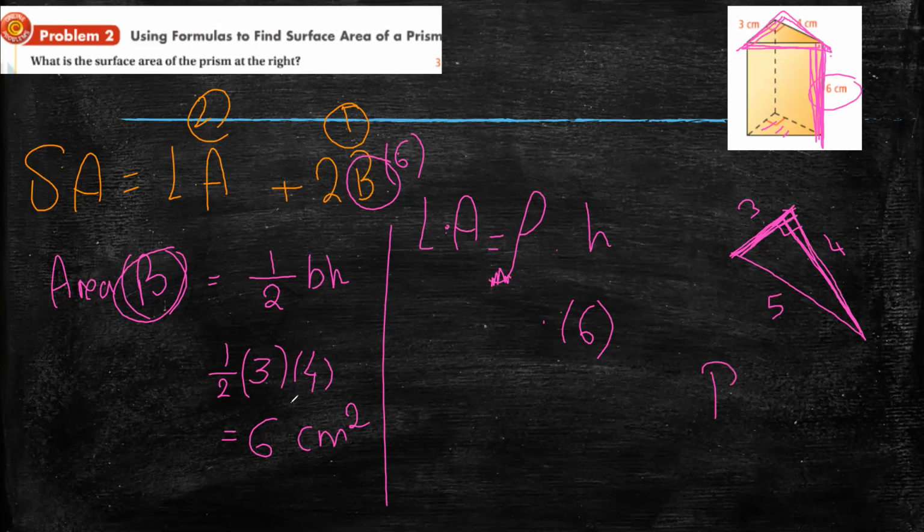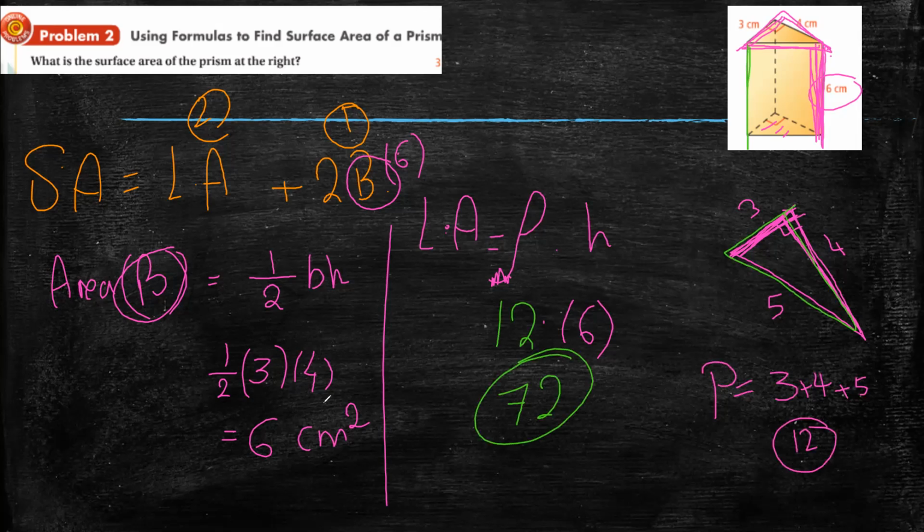After that, the perimeter of this triangle will be 3 plus 4 plus 5. 7 plus 5 is 12. This is the perimeter of this triangle, which is 12. So I found the perimeter. I multiply it by the height. 12 times 6 is 72. This will be the lateral area.